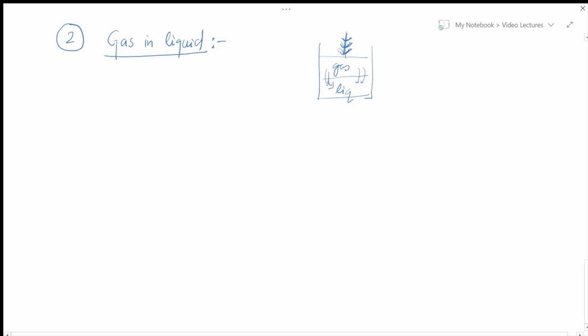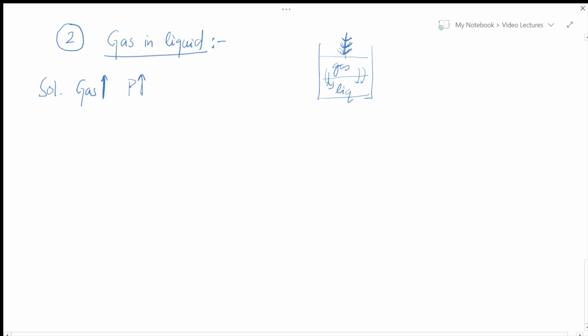That is, dissolution will be to a greater extent, or solubility of the gas goes up. So an intuitive idea here is that the solubility of a gas will increase if you increase pressure of the gas on the liquid surface.